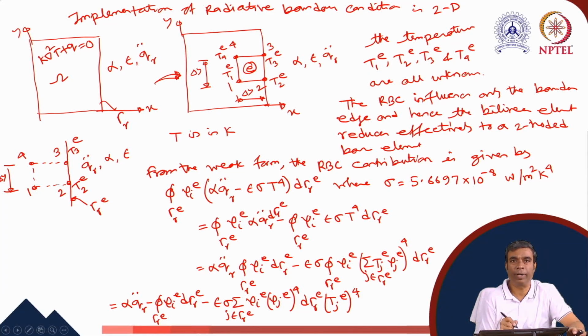Now the first part contributes to the element level load vector, and the second part contributes to the element level stiffness matrix. Evidently the element level stiffness matrix gives rise to non-linearity, so its sign changes when it goes to the left hand side.